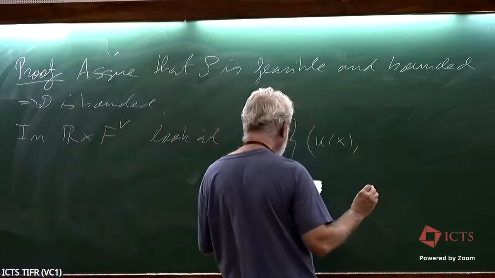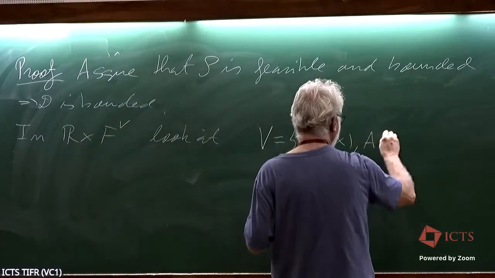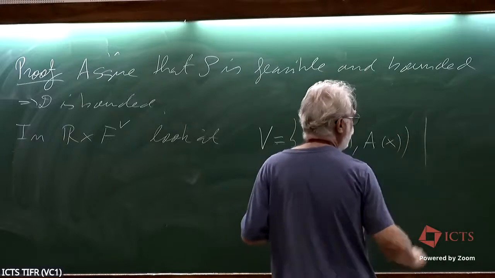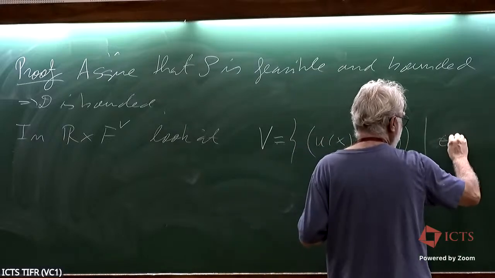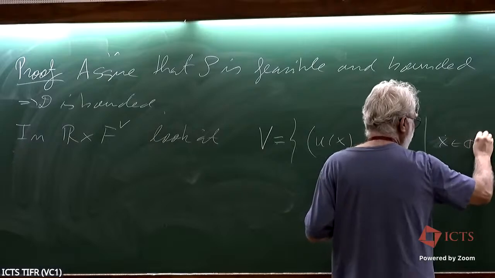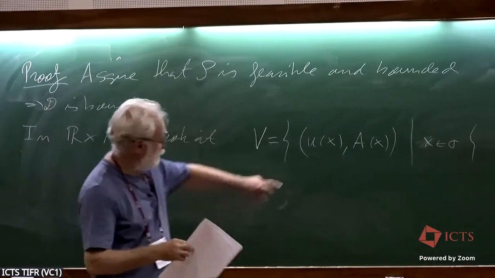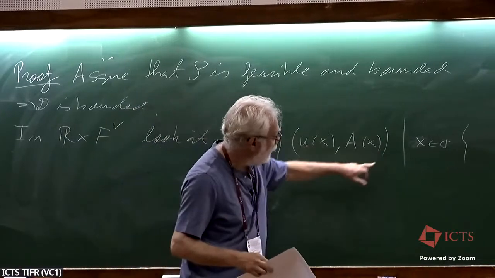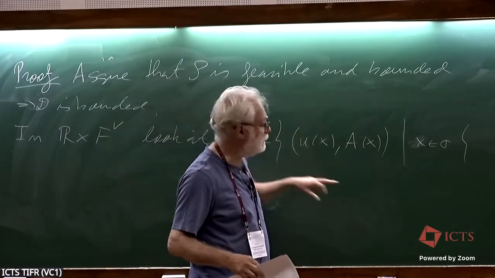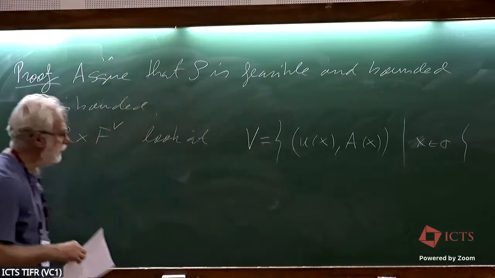And then A of X for all X belonging to the cone sigma. So I am taking a space that gives me the target function and then gives me the shape of the image A of X for all X in sigma.